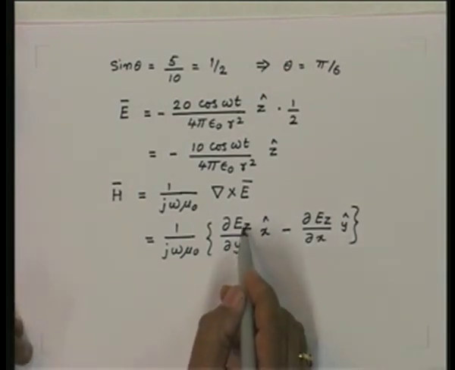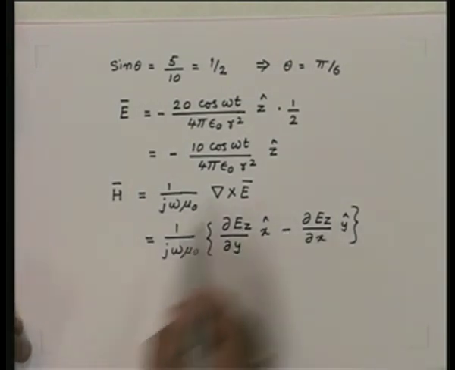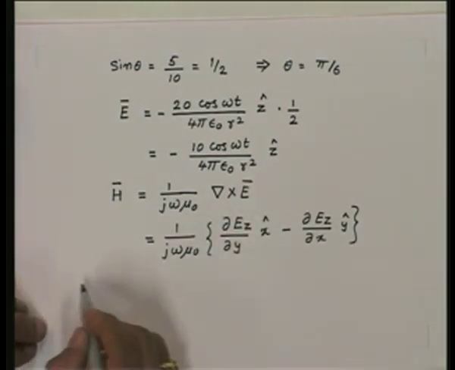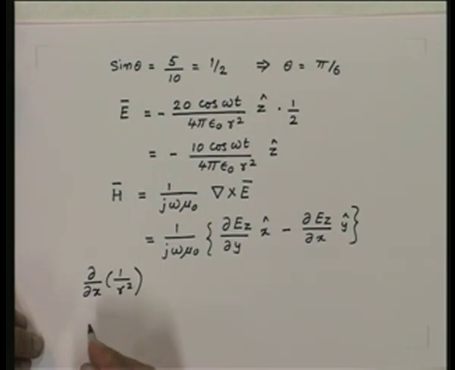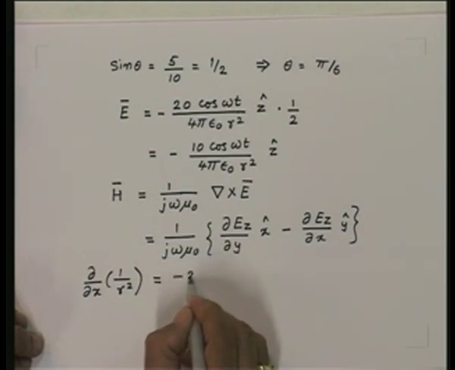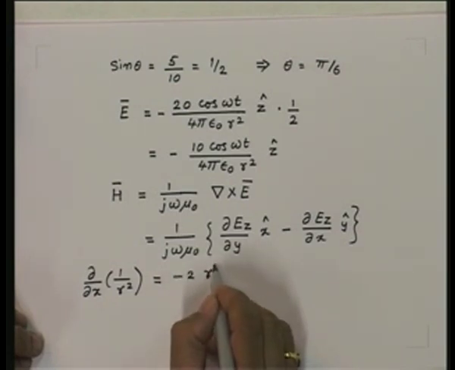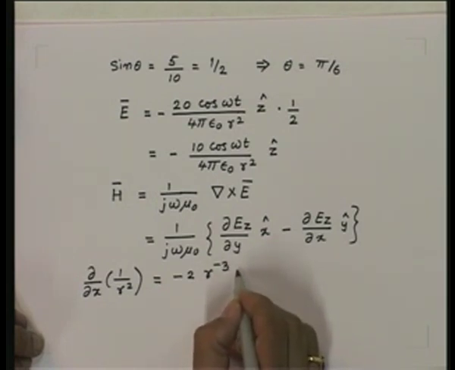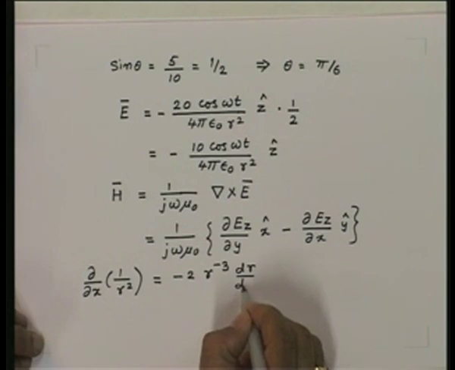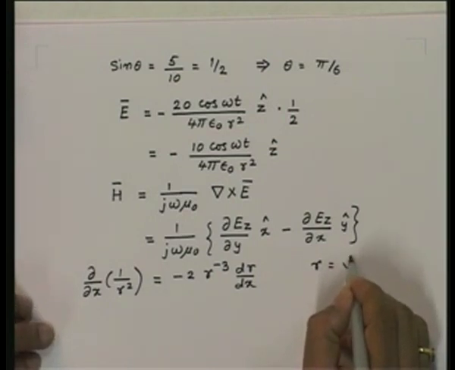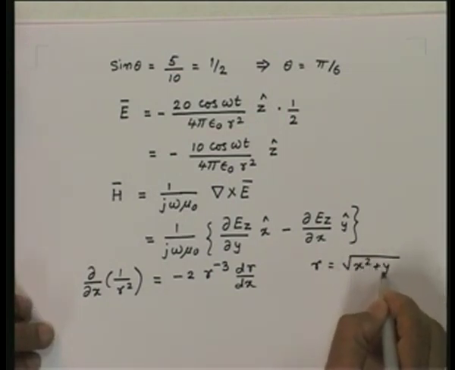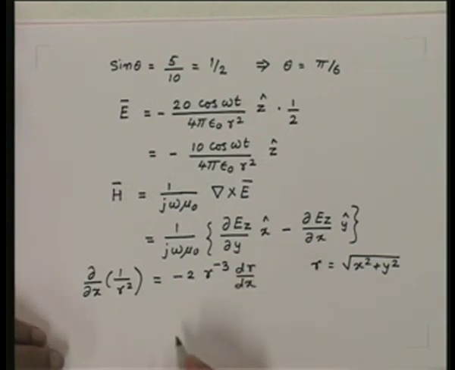Now, when I differentiate this quantity with respect to x or y, I have this term here, 1 over r square. So I require d by dx of 1 upon r square, which will be nothing but minus 2 r to the power minus 3 dr by dx, and since r is square root of x square plus y square, dr by dx will be x upon r.